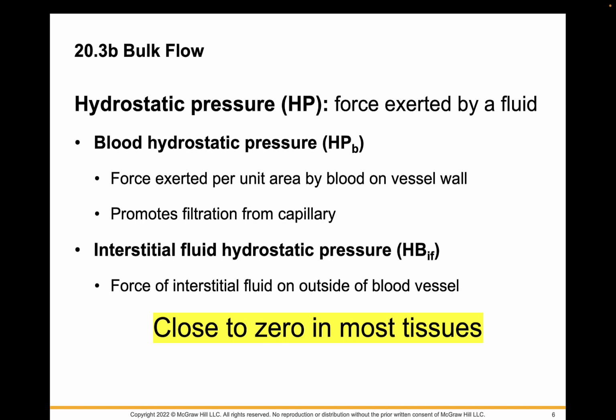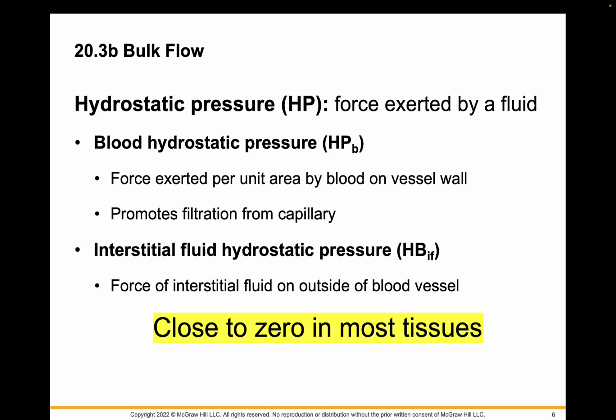Also, there are other mechanisms constantly at work that play an important role in picking up fluid out of the interstitial space. As I said, we're going to assume interstitial fluid hydrostatic pressure is zero.